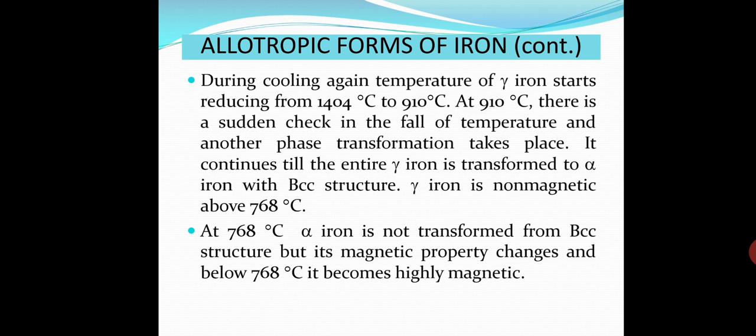At 768 degrees centigrade, alpha iron does not change its structure. It remains at BCC structure, but its magnetic property changes. Below 768 degrees centigrade, though it is alpha iron, it becomes highly magnetic.